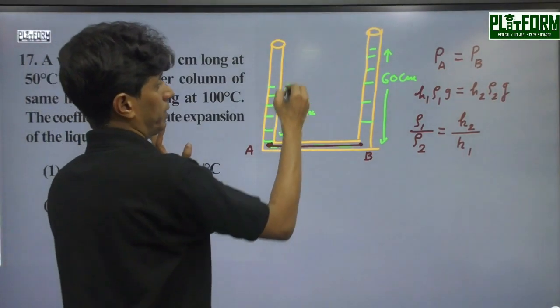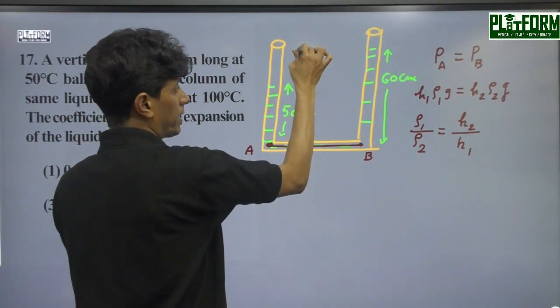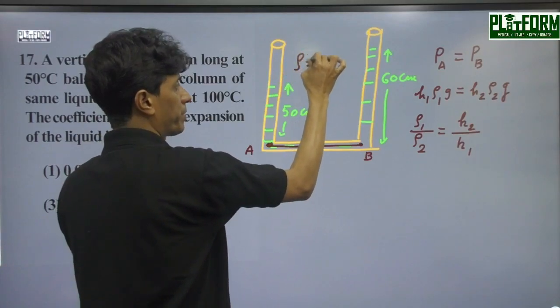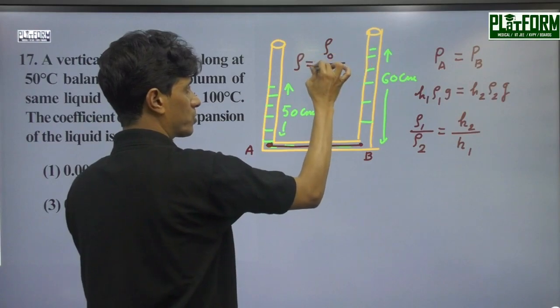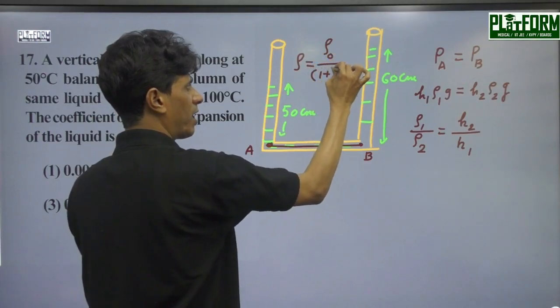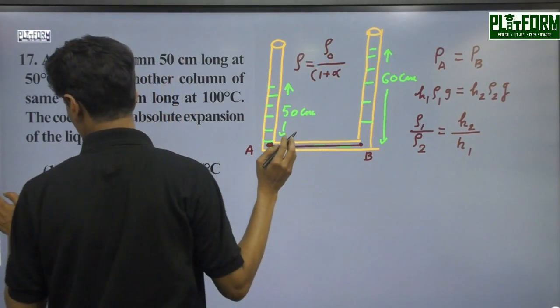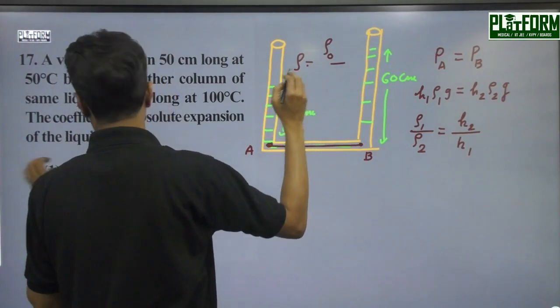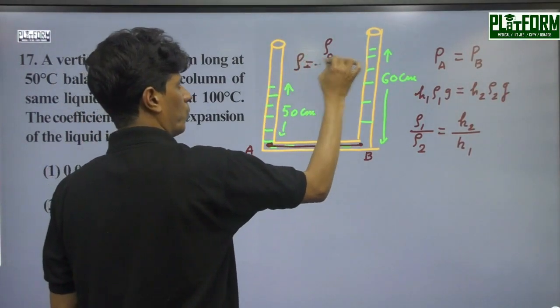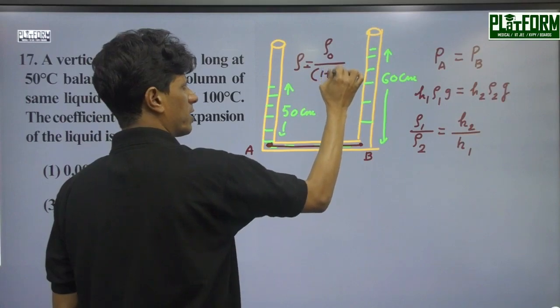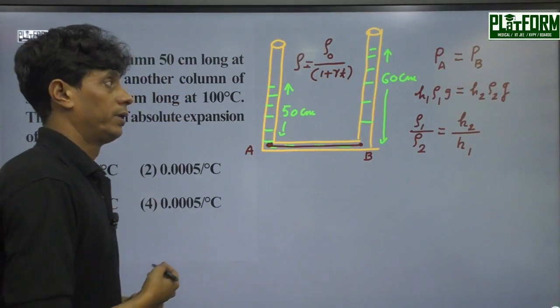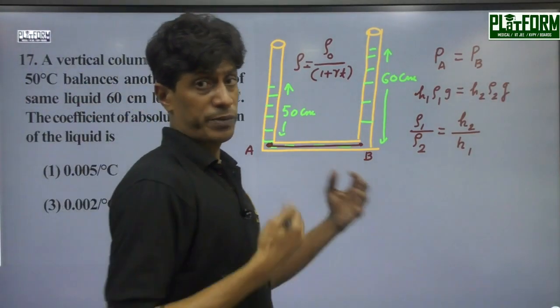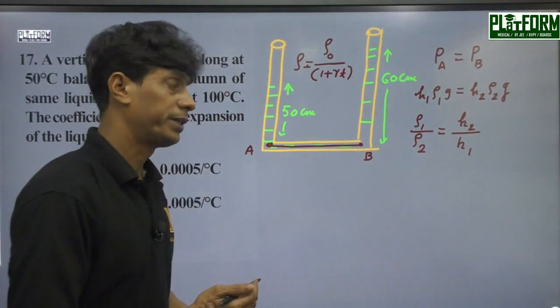But we know density variation with temperature: it is the density at 0 degree centigrade, rho equals rho naught by 1 plus gamma T. That means with the rise of temperature, the density of the liquid decreases.